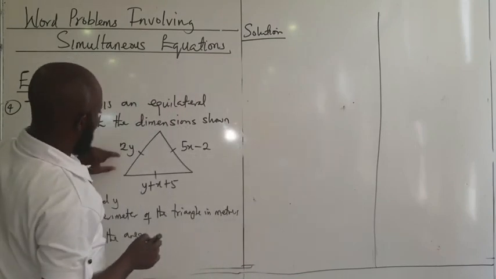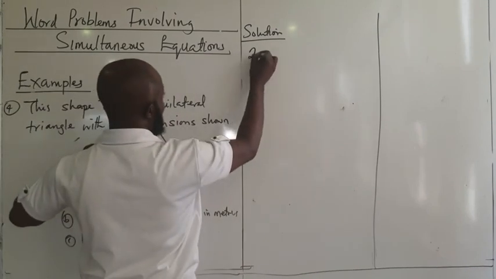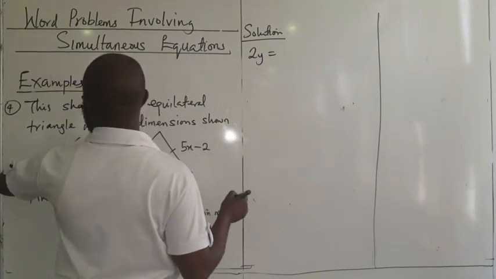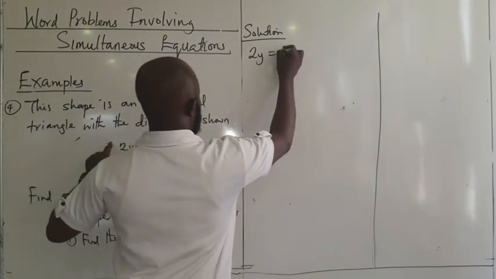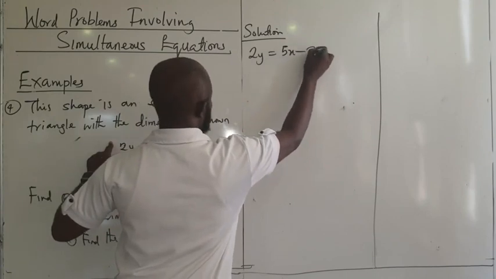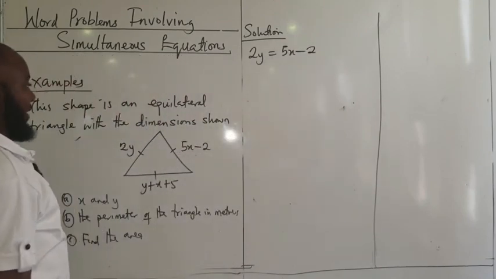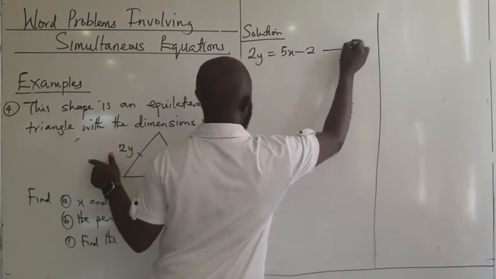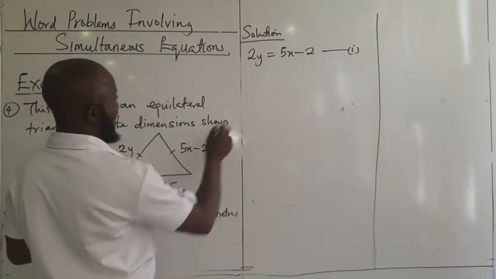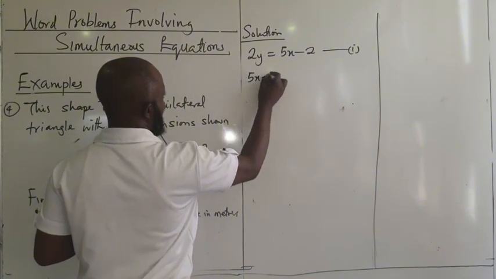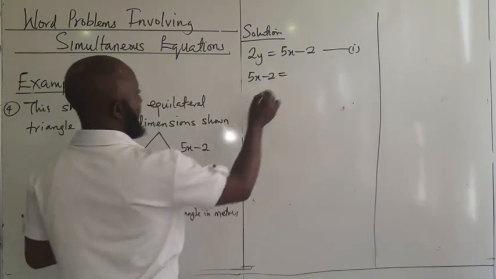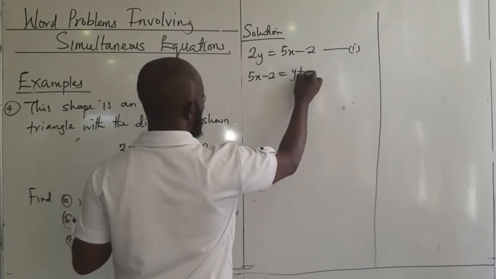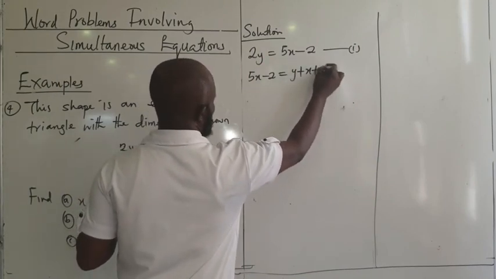So we can say that 2y is equal to 5x minus 2. So this is equation 1, right? And we can as well say that 5x minus 2 is equal to y plus x plus 5.